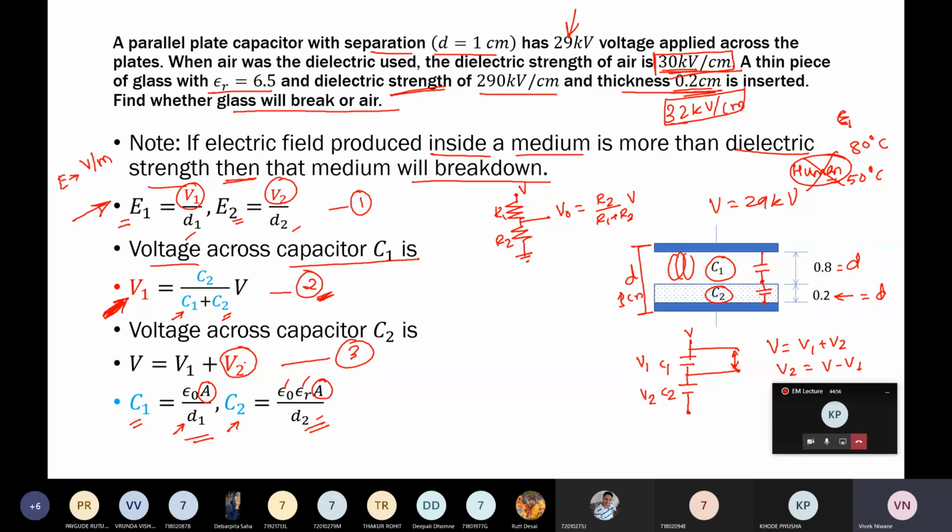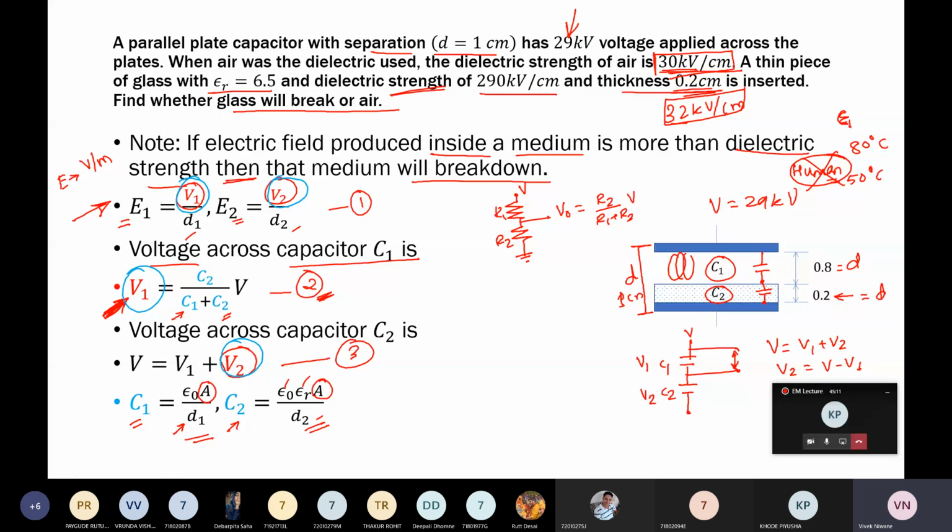So now V1 and V2 we have, D1 and D2 we have. So take this value of V1, take this value of V2, put it over here, V1 and V2, and you will get E1 and E2. Okay.